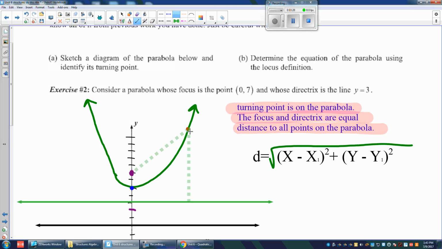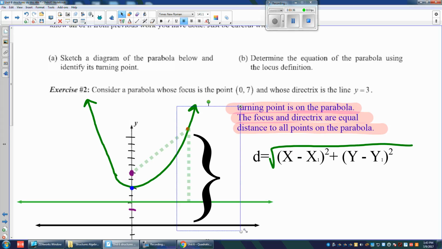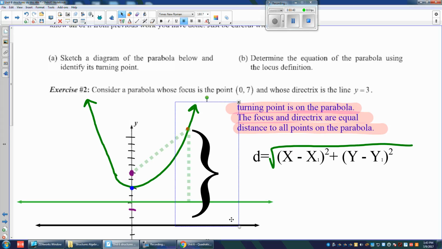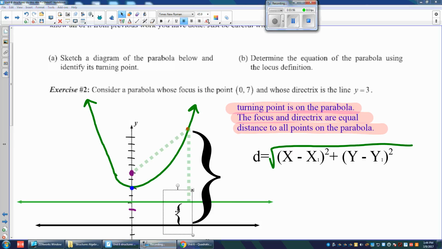Do I know how far that is? I don't know how far that is right now. But I do know that that distance is y, because that's the height y. So this is y. This whole thing is y. And this part is 3.